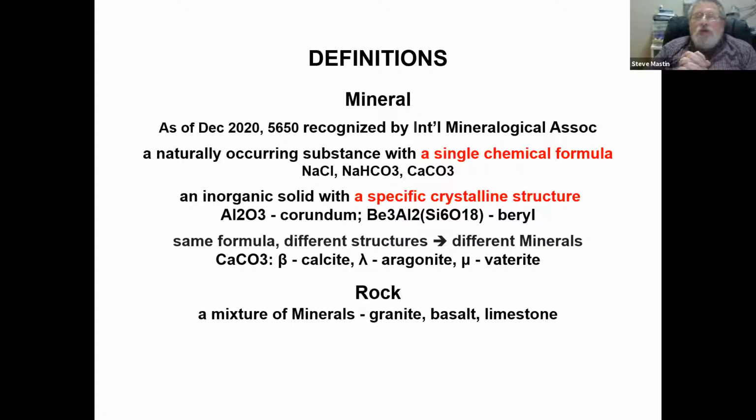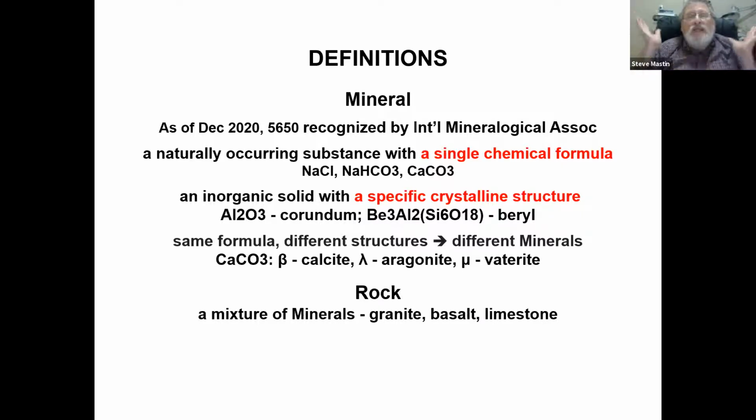most people know that there are minerals and rocks, but not what the formal definitions are, or that there's an international mineralogical association that has the last word on what's a mineral and what's not a mineral. In any event, there are really two parts to the definition.